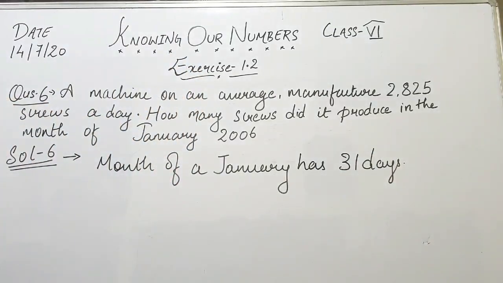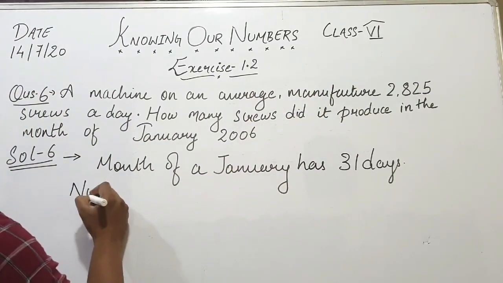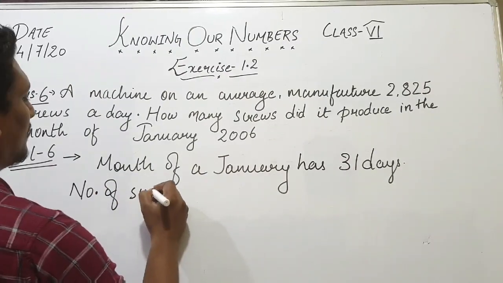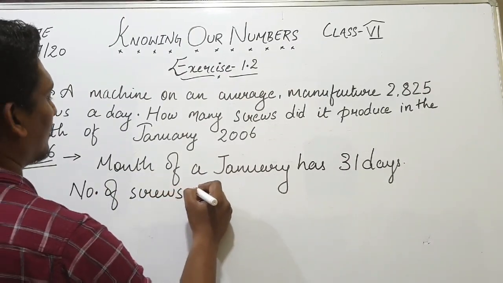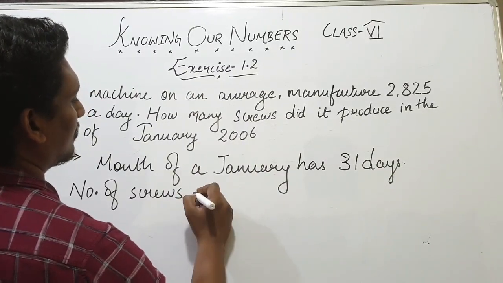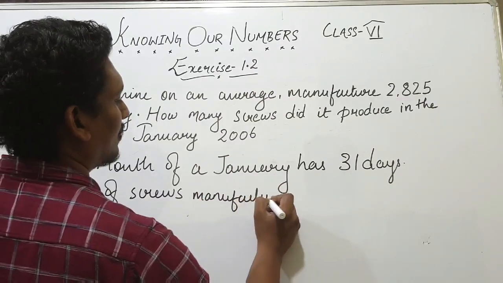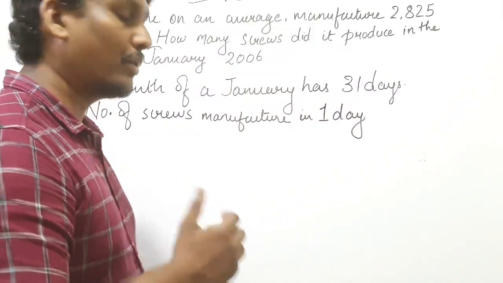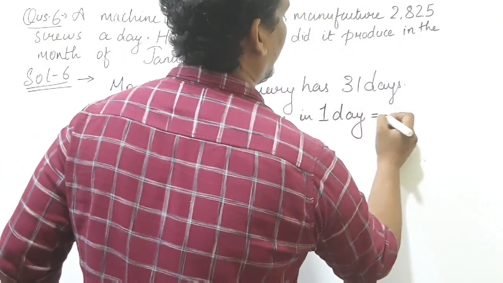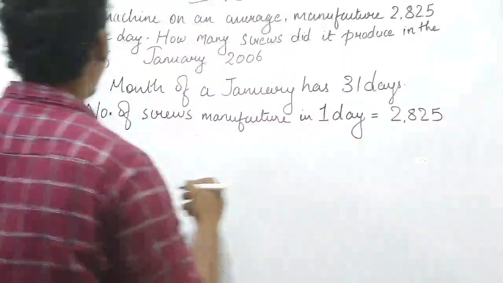Now, number of screws produced in one day, I am using the short form of the number. Number of screws manufactured in one day, that is given, 2825.